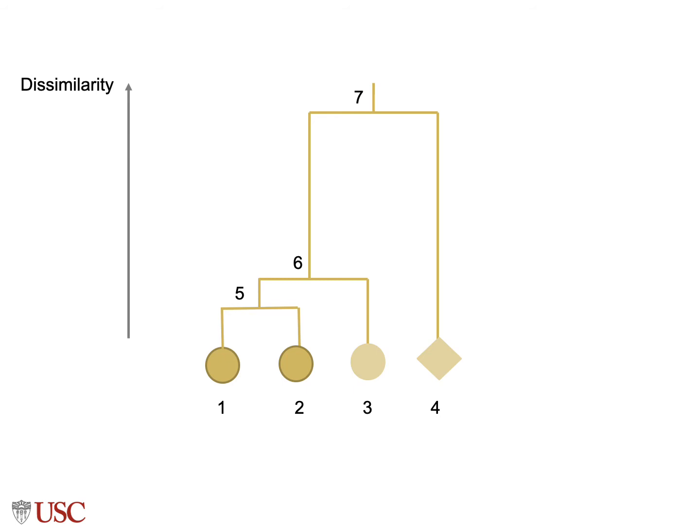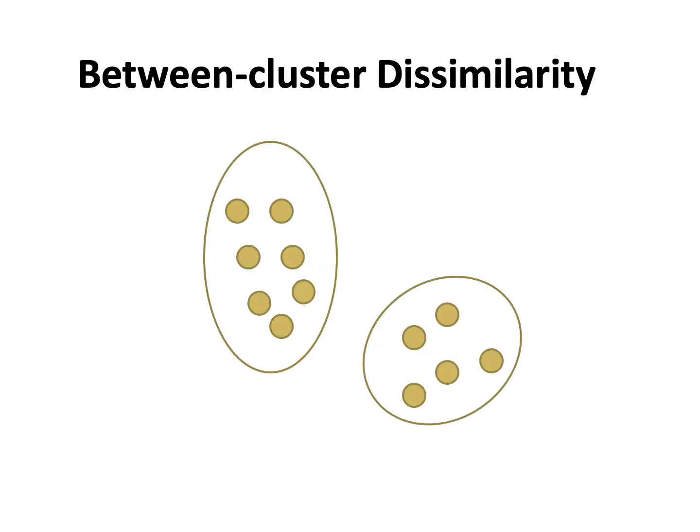So the question is, how do we define a dissimilarity between groups of objects for building our tree? So we need a definition. There are 4 different methods I'm going to show, and I'm going to apply those definitions to the same data set, and you can see how the tree shape changes based on your choice of dissimilarity.